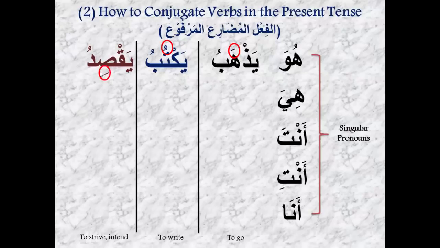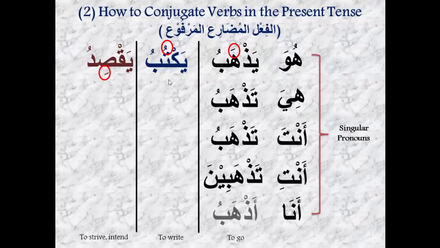So as we run through the conjugations for each of the singular pronouns, I want you to pay attention to the fact that this middle vowel, the ha with the fatha, ta with the dhamma, and the sad with the kasra, is preserved all the way down. It's not going to change because it's an essential, inherent characteristic of the verb itself. So let's start. Hiya tadhhabu, anta tadhhabu, anti tadhhabina, ana adhhabu.